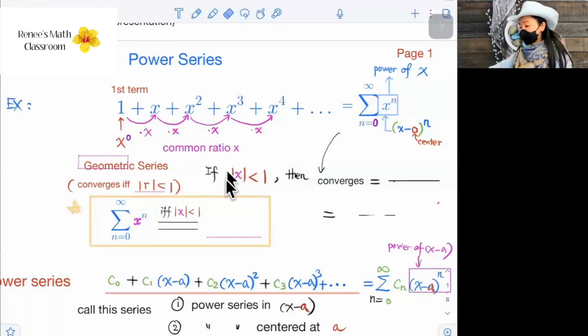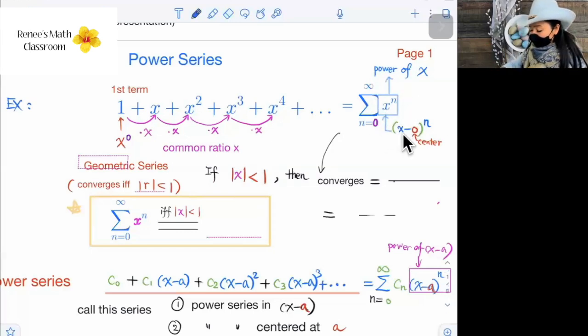For example, if x is 0.7, then you will have 1 plus 0.7 plus 0.7 squared, etc. And that is going to converge.